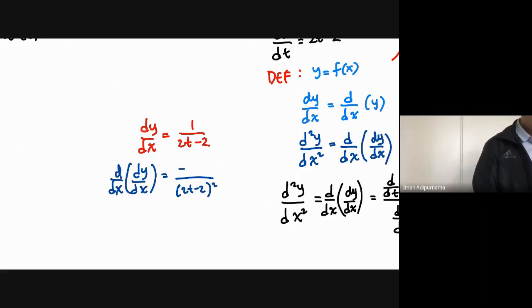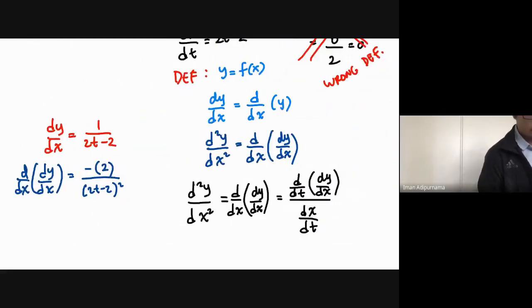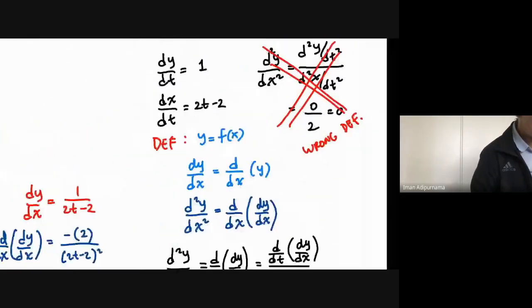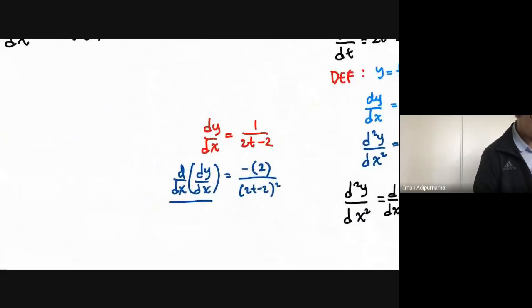It's 0, 0. Right? Yeah. This is, and then over dx over dt is what? dx over dt is 2t minus 2.